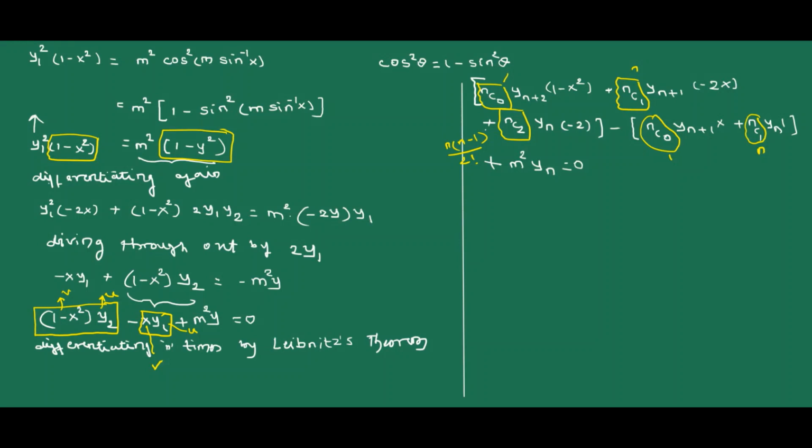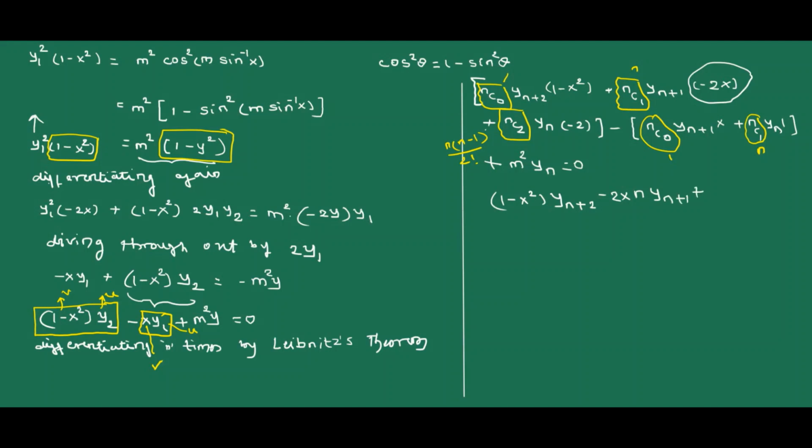If you substitute, I will write directly: in the first term nC0 value is 1, so we are left with (1 - x²) y_{n+2}. In the second one nC1 value is n, and then this is -2x, so I will write here -2x y_{n+1}.